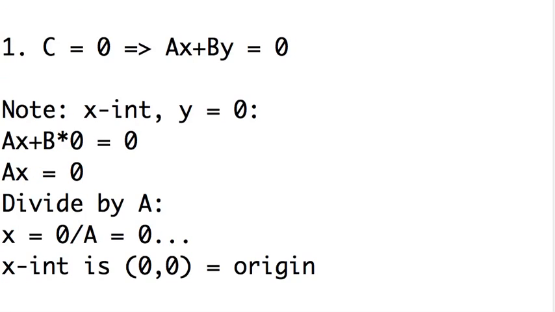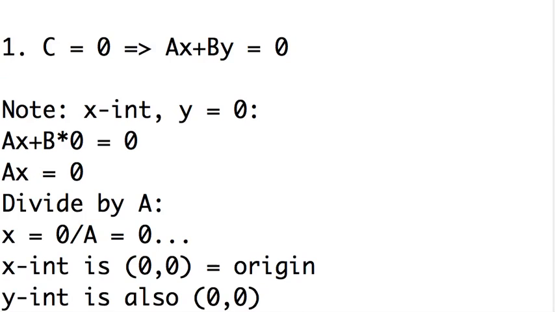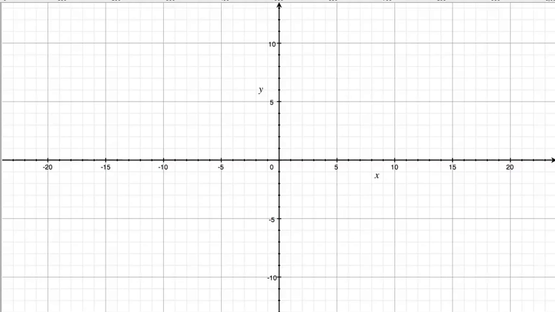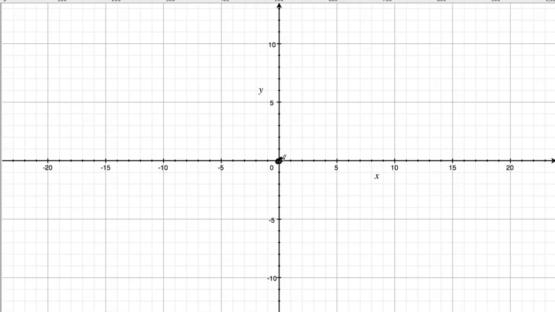Well, the y-intercept then also has to be 0, 0. So this means that we are looking at a line that goes through the origin. To find the equation of such a line, I then need a checkpoint. So let's say I've got 2x plus y is equal to 0. I know that it goes through the origin by what I just said, but I need to use a checkpoint.